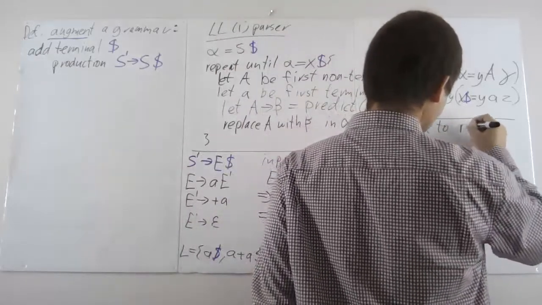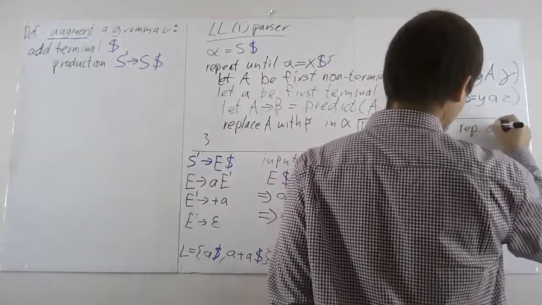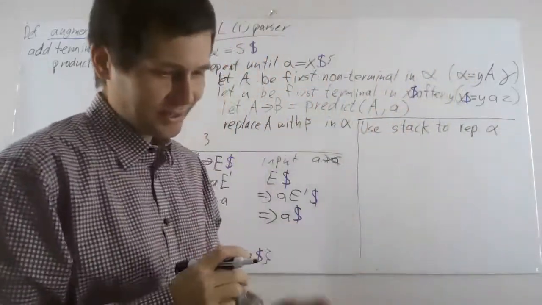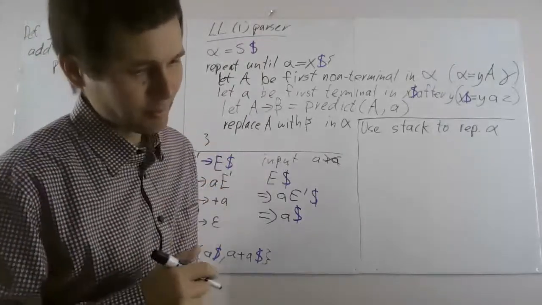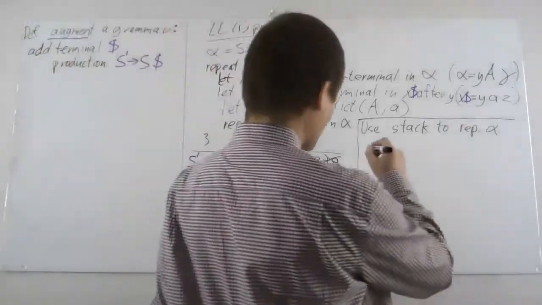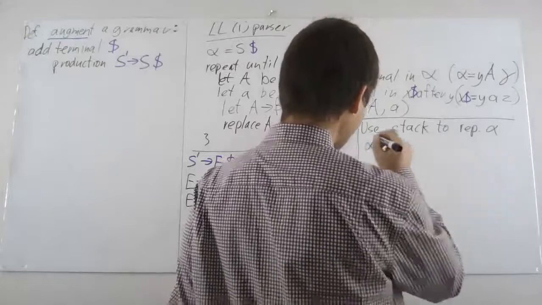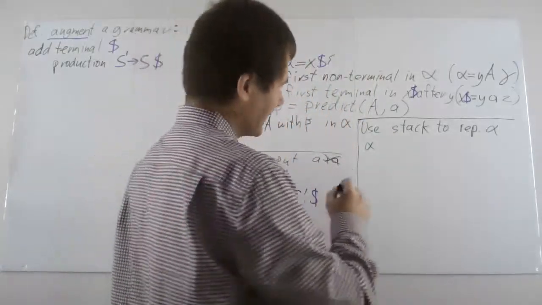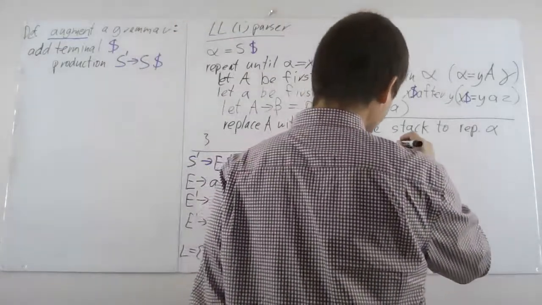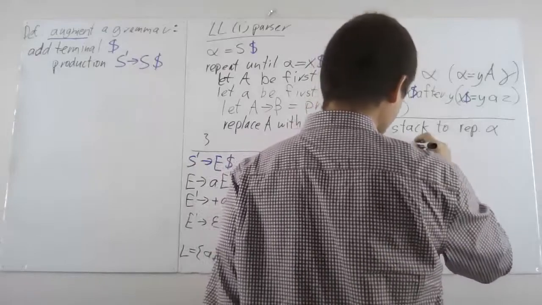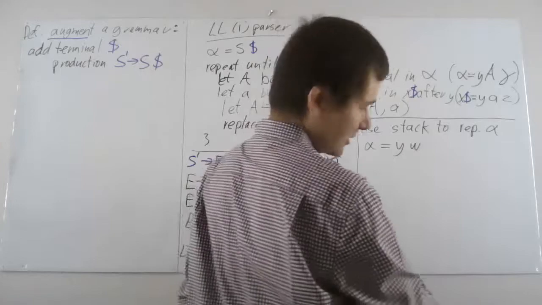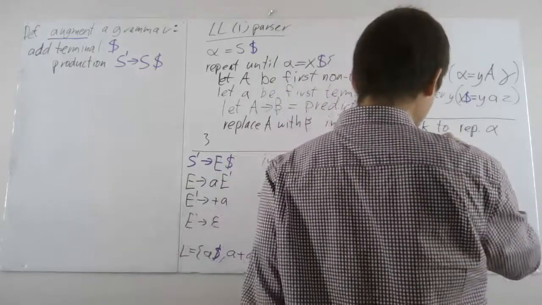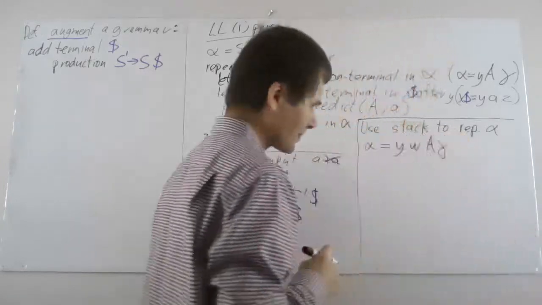But a stack isn't exactly what we want. I'm going to divide alpha into some parts. In general, I'm going to divide alpha into y, w, a, and gamma.